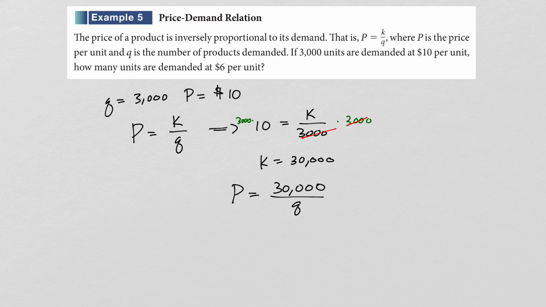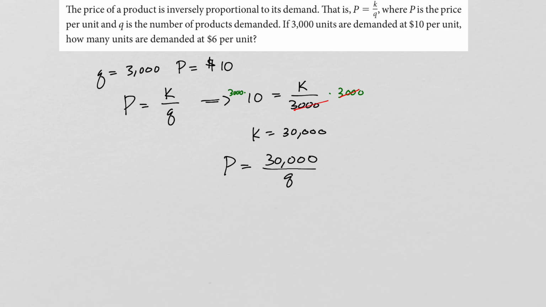So the question is, how many units are demanded if the price is $6 per unit? So what they're saying is, if the price P is $6, what does Q equal?